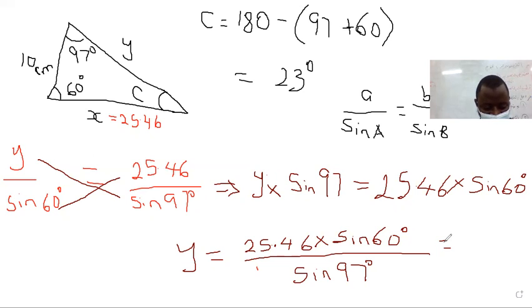And the answer is 22.2. So this side is equal to 22.2. So this is how we apply the sine rule to solve a problem. Remember, it is in centimeters. I hope you understand this.